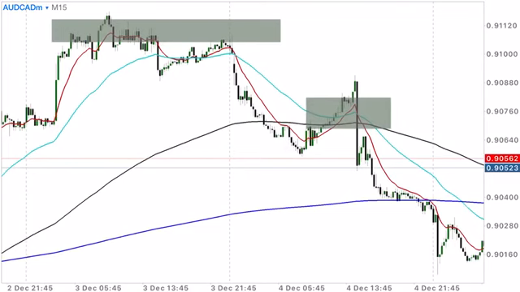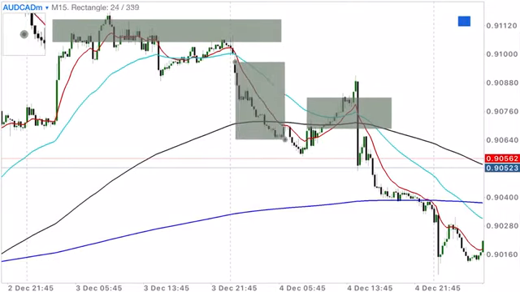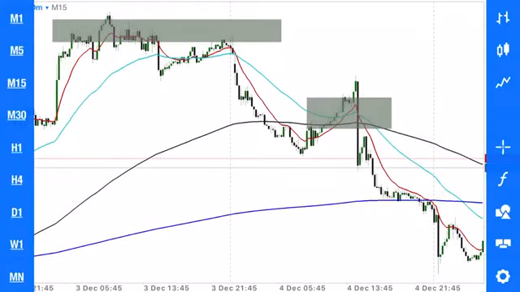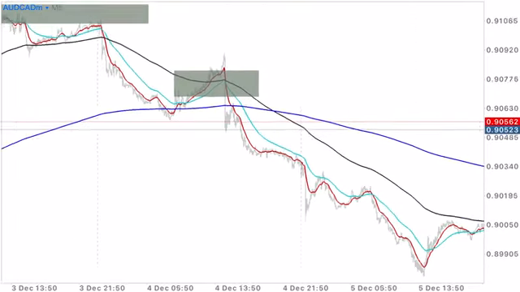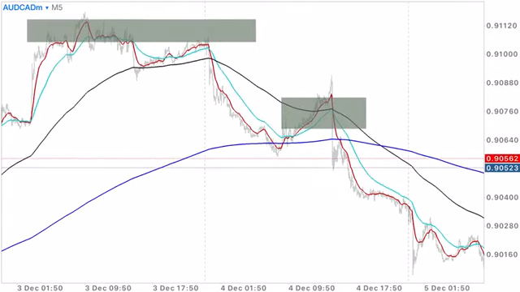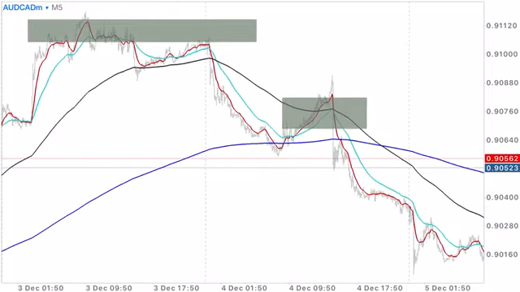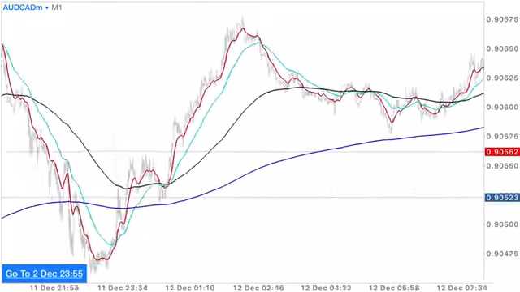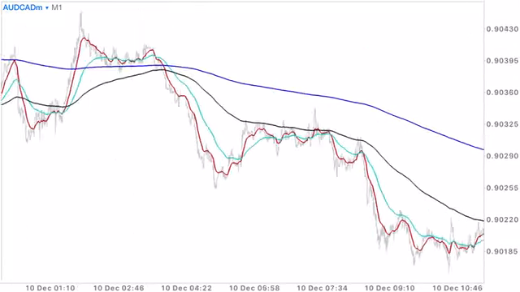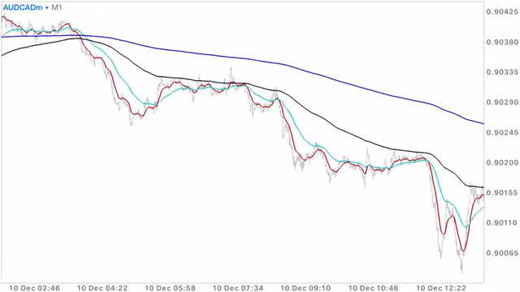There is no pullback to the EMA50 right here. If you go to M5, let's hope they will allow us to open. You realize that from M5 you also don't have an ID50. If you go to M1, I don't know if they are going to give us the data. They won't.